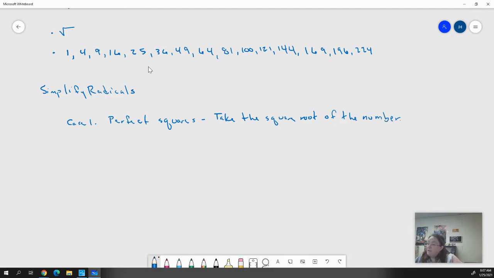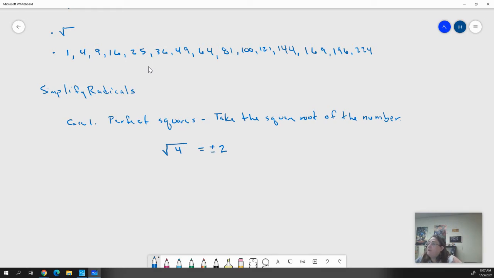Right? Now, when we're dealing with square roots, there's something we should understand where integers are concerned. Say I have a perfect square, the square root of 4. I could just take the square root of that number. 4 is 2 times 2, so its square root is 2. But there's something we need to remember because we're in higher math now. We're talking about algebra 2. And we need to understand that it isn't just positive 2.